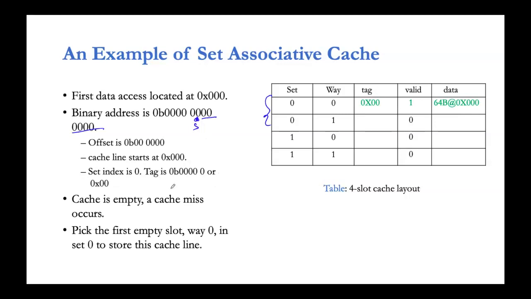In a fully associative cache, the tag address is searched to see whether it is there or not. Initially it is not there, so there is a cache miss. It picks the first empty slot in way 0, loads the data in the data field, sets the valid bit to 1, and the tag address is 000.